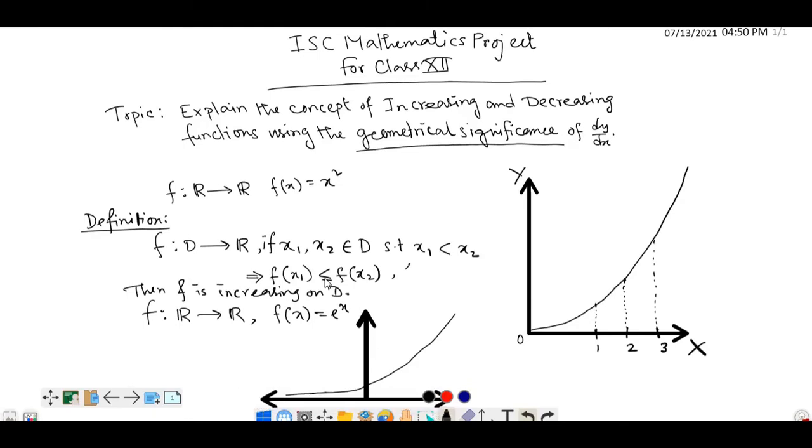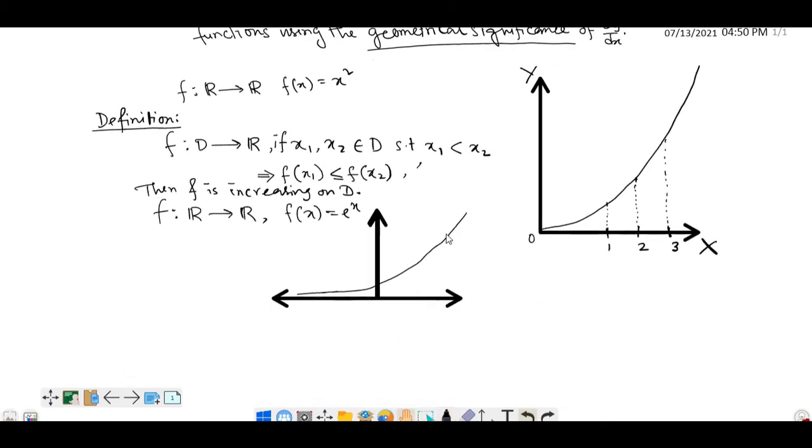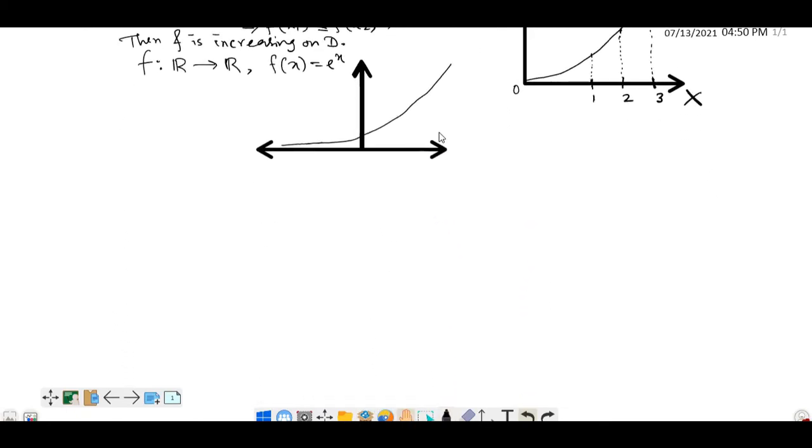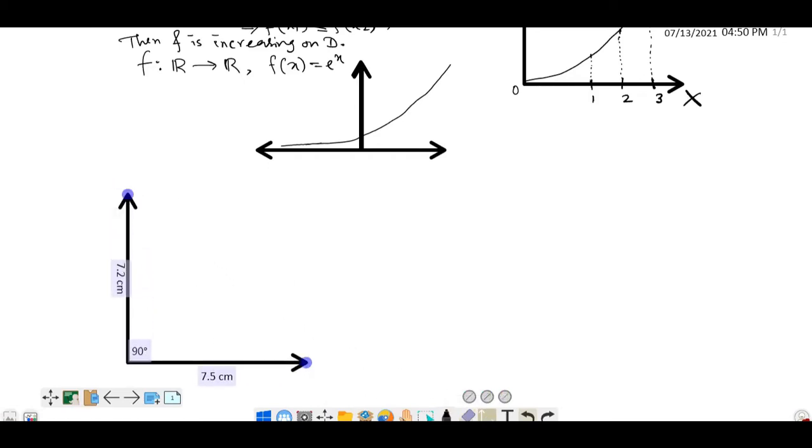Now here you see this inequality is of the less than or equal to type. So that means what? If you get some function like this, where the graph is increasing, then at some height it is parallel to the x-axis, and then it is again increasing.